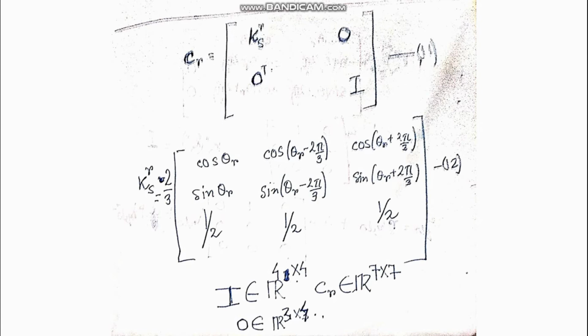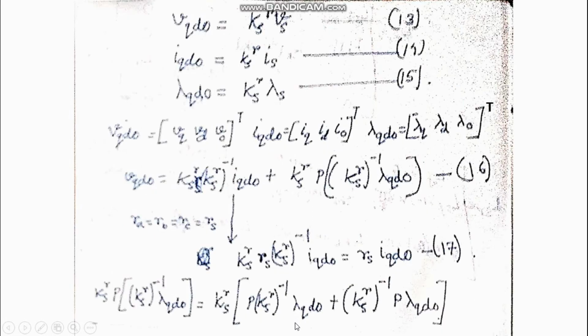There are also 7 different currents, 3 stator currents and 4 rotor winding currents. That is how you get this variable, and this 0 indicates a null matrix where all the entries are 0. This is 3 cross 4, right? Now we'll see the voltage equation, right?